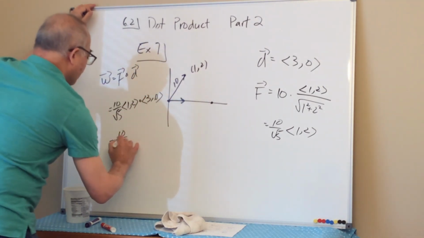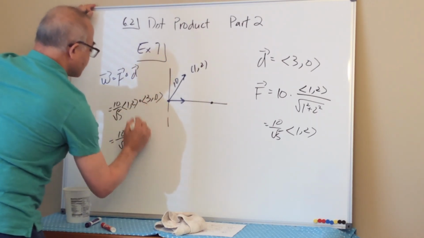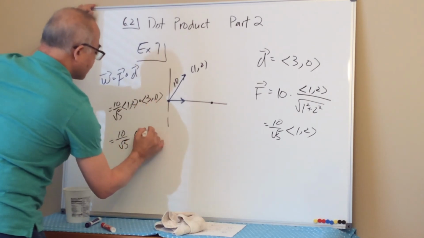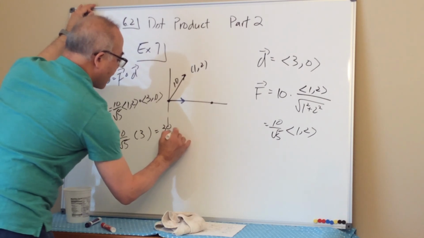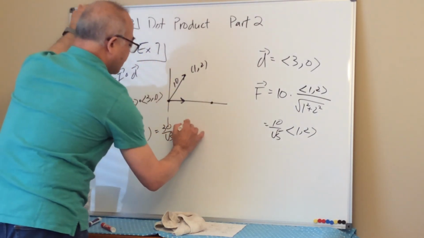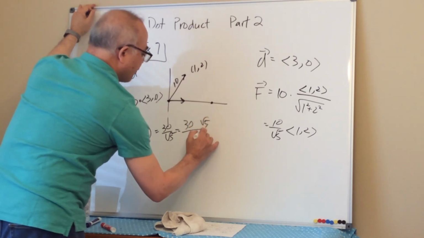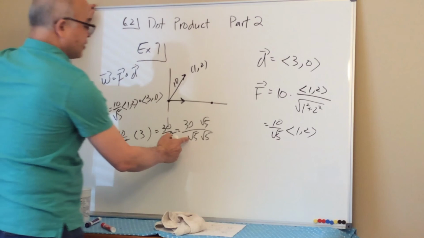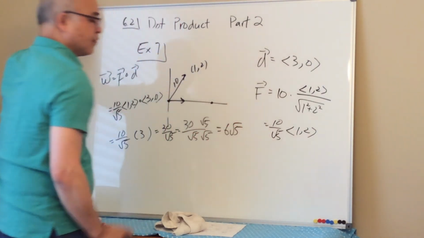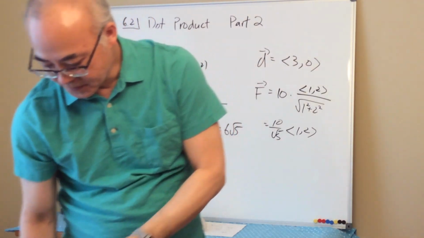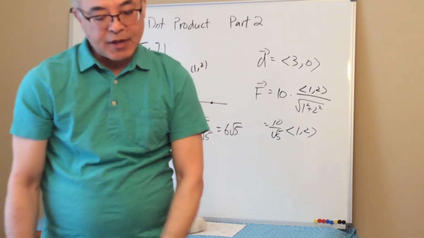Now I do the dot product: 1 times 3 plus 2 times 0, that's 3. So 30 over root 5, and multiplying by root 5 top and bottom, the denominator becomes 5. 30 divided by 5 is 6. 6 root 5 is your answer. And that's it, I am done.